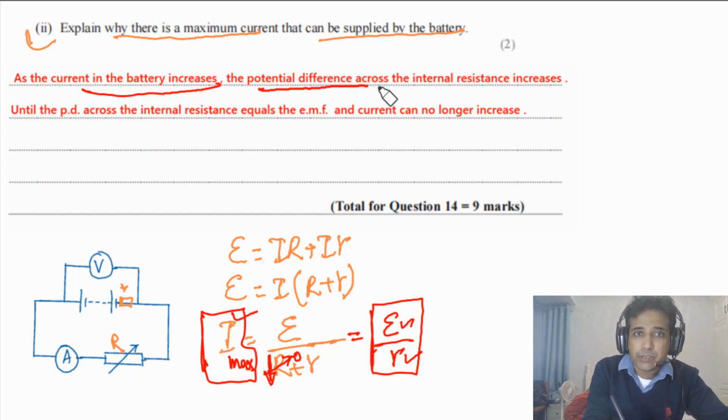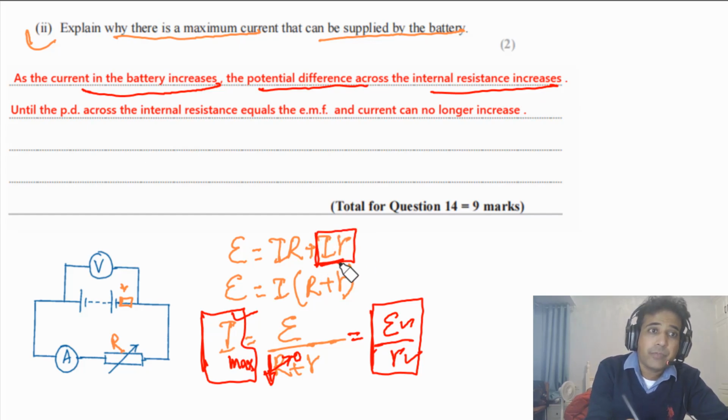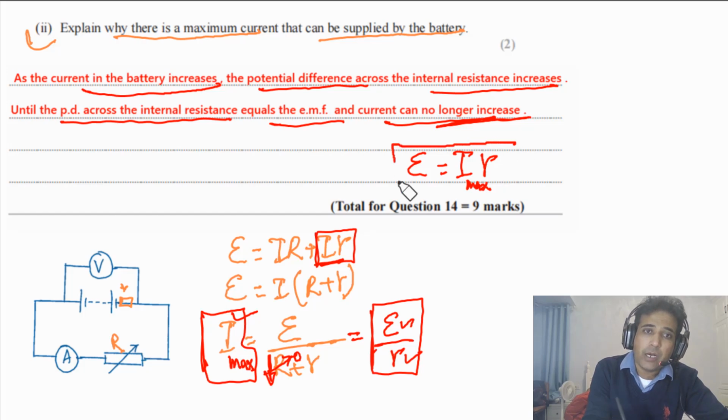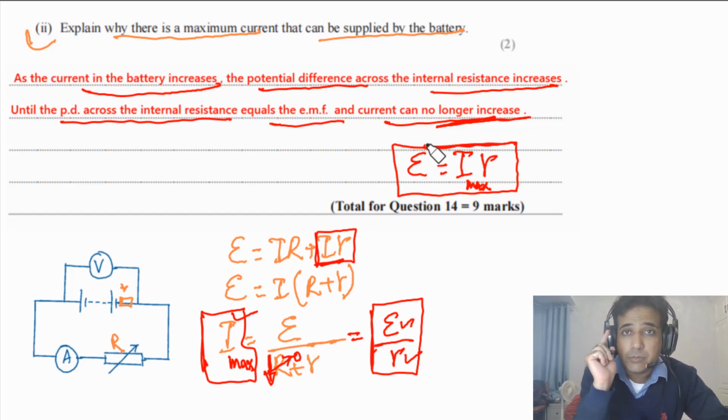The potential difference across the internal resistance increases, meaning this potential difference will go on increasing until the PD across the internal resistance equals the EMF, and current can no longer increase. Meaning when EMF is equal to I times r, and this is the maximum value of I. So this is how you need to answer. I hope this question makes sense to you.